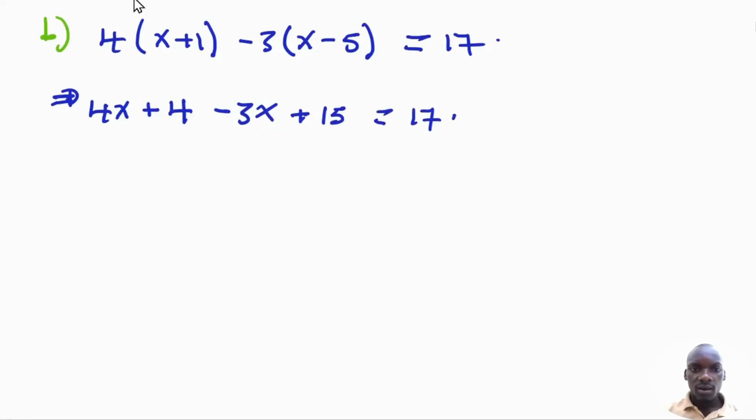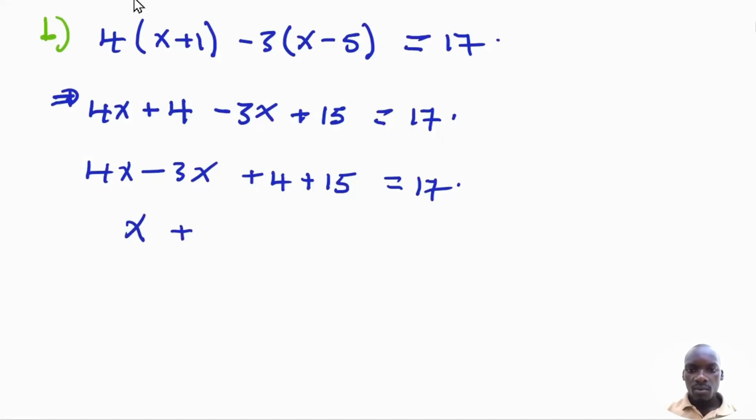From here, we have 4x - 3x, collecting like terms, then plus 4 plus 15, equals 17. So 4x - 3x leaves x alone, then 4 + 15 is 19, equals 17.